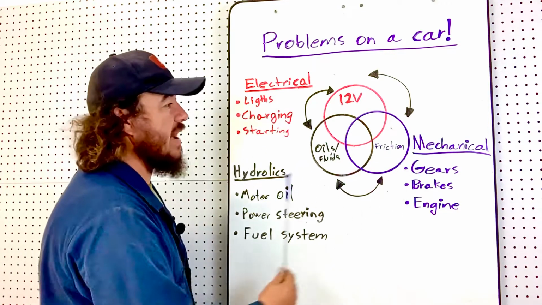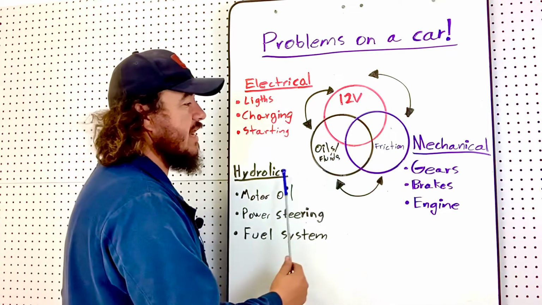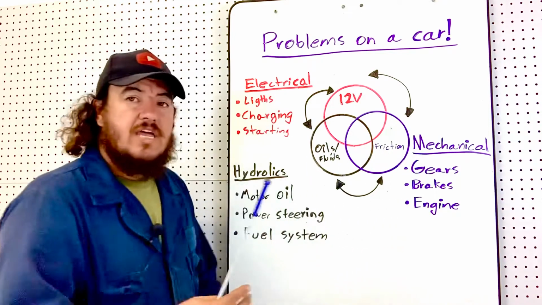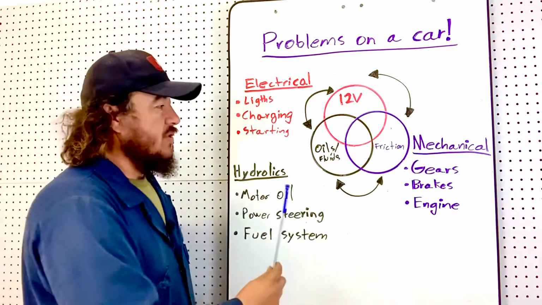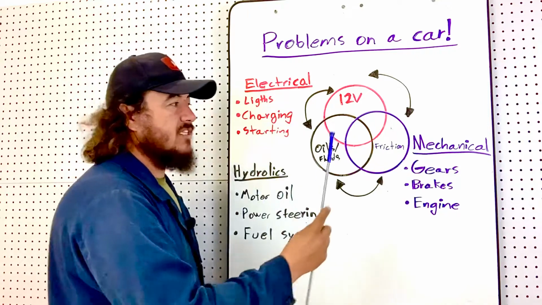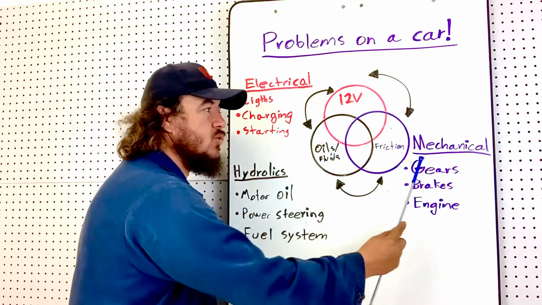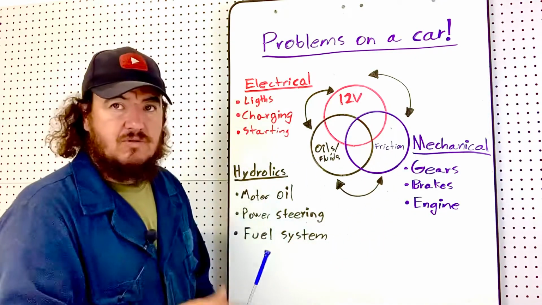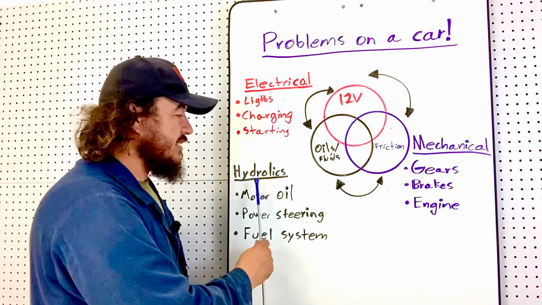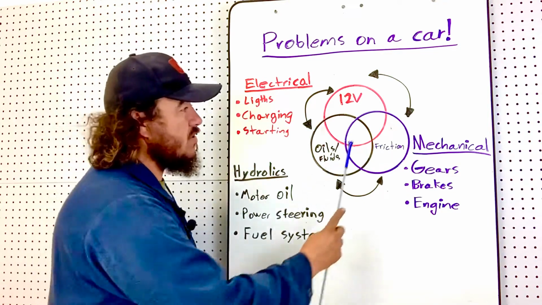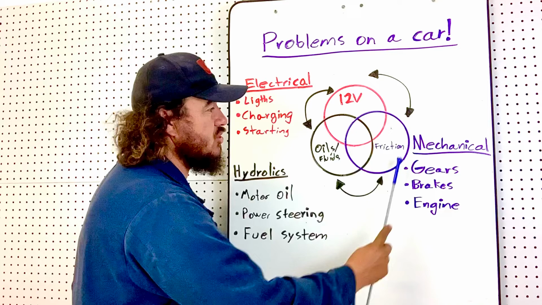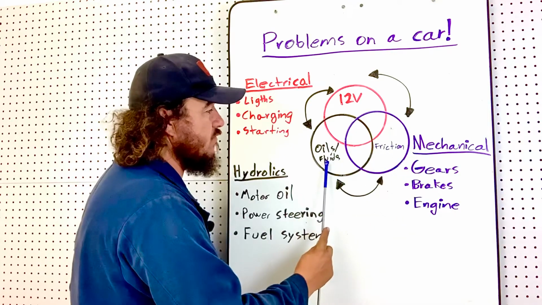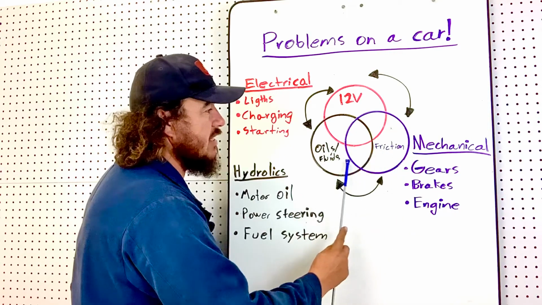So it's a back and forth fight. We got fluids and mechanical interacting, and you gotta find out what's causing the problem between these two. Mechanical, is it, like we said, a water pump, or is it lack of fluids? That's why they interact with each other. So mechanical and fluids are interacting on this side.